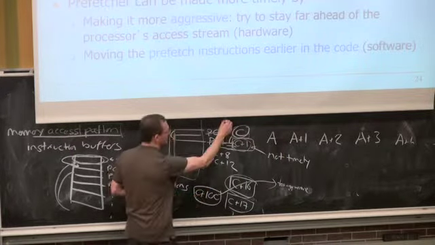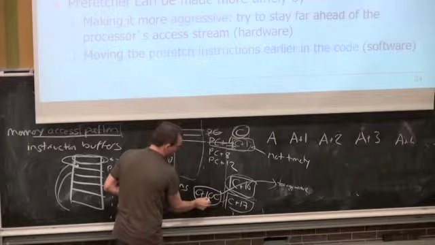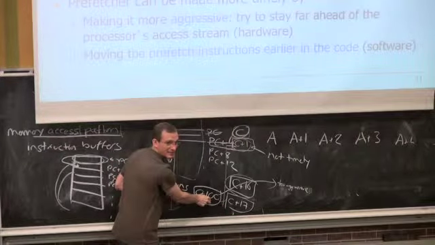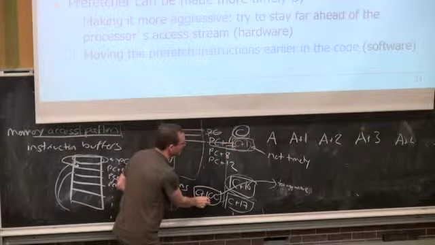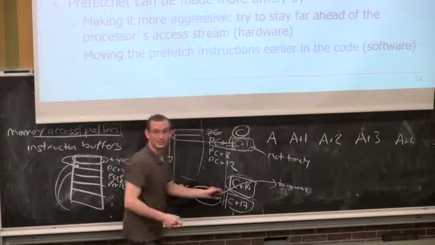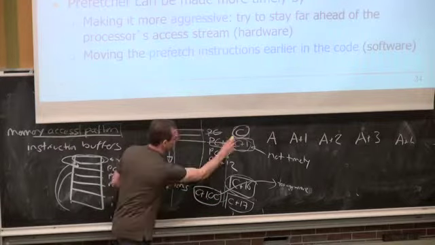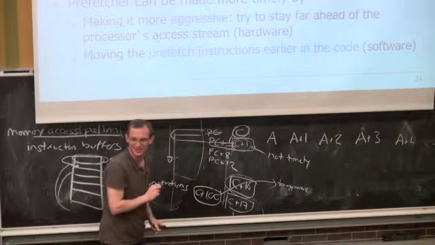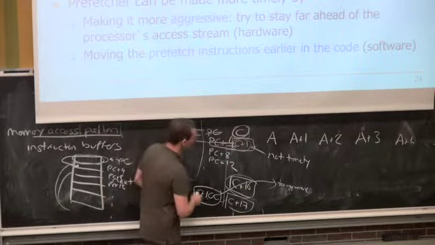You're predicting that your sequential stream will go up to C plus 100 cache blocks. Let's say you prefetched it, but you may never actually get to use it, because you take a branch in the middle to somewhere else.